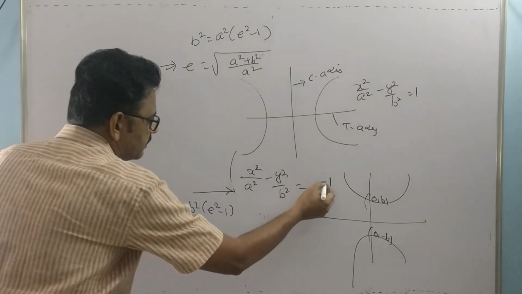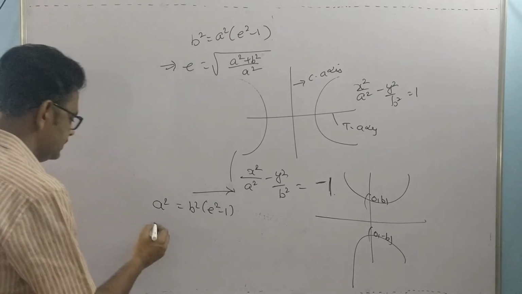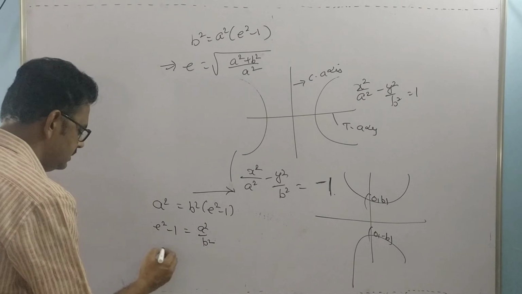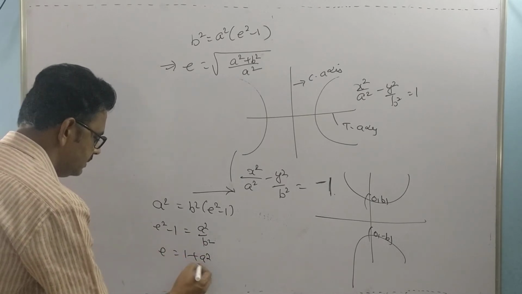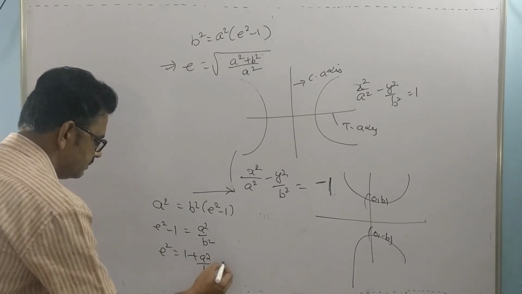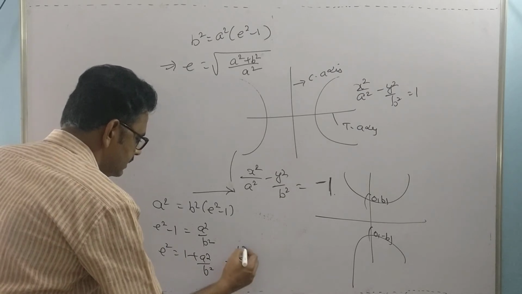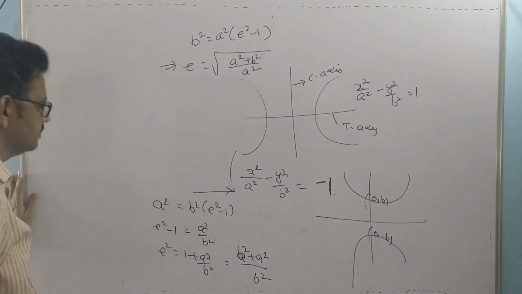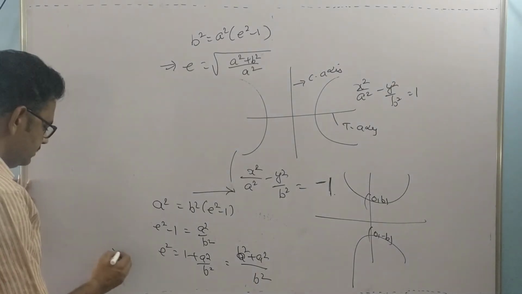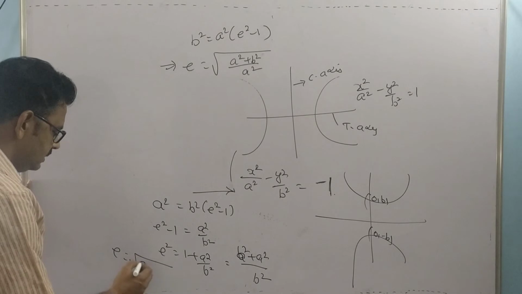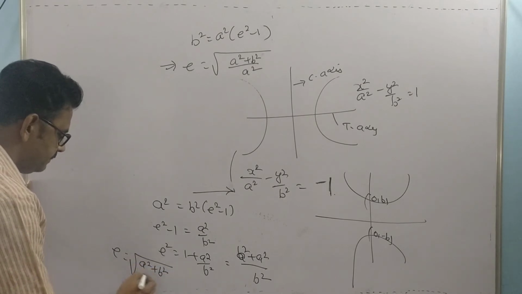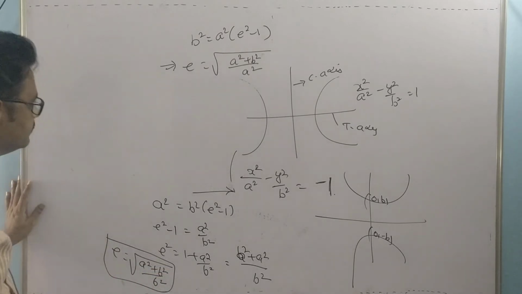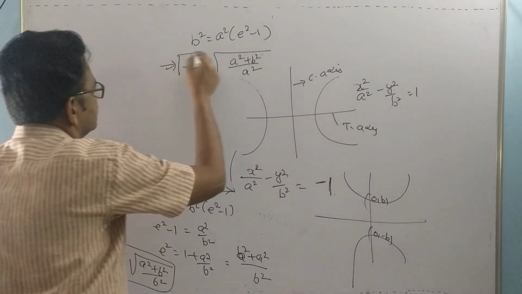This is the conjugate hyperbola, implies e square minus 1 equal to a square by b square. e square is equal to 1 plus a square by b square, that equals b square plus a square by b square. Therefore eccentricity is root of a square plus b square by b square for the conjugate hyperbola, and the earlier one is for the hyperbola.